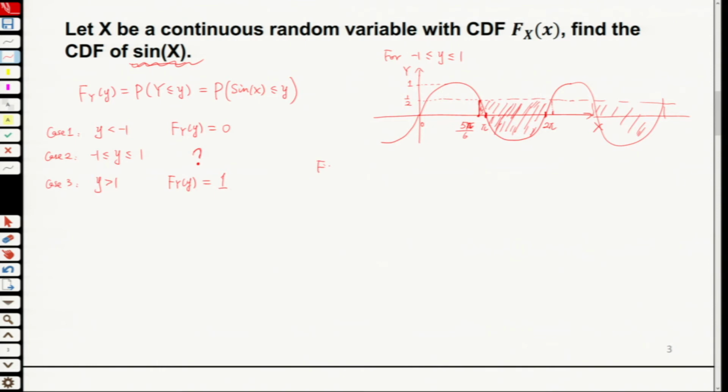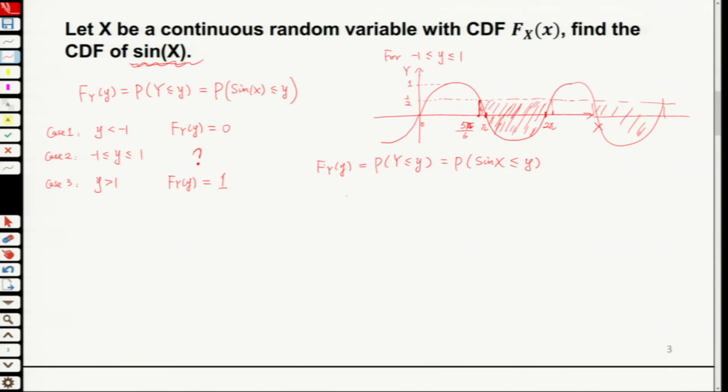F_Y(y) equals the probability that capital Y is less than lowercase y. This equals the probability that sine X is less than or equal to lowercase y. This lowercase y denotes a specific value between -1 and 1.